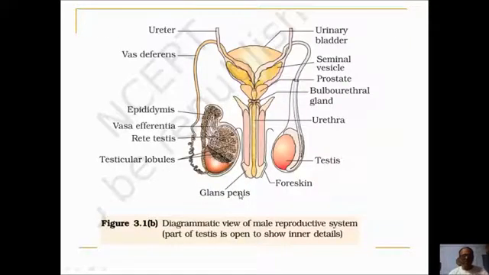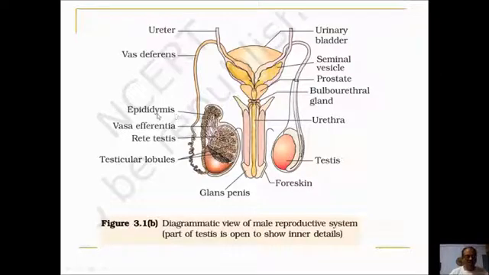The primary sex organ is the testis, and the testis is divided into a large number of lobules called seminiferous tubules. These give out the rete testis, and the rete testis joins to form what? Vasa efferentia.